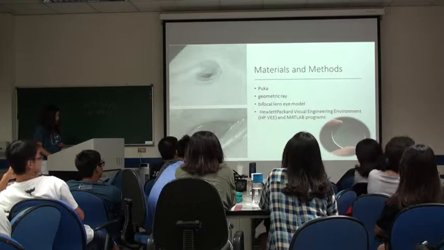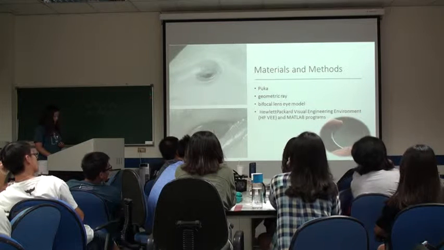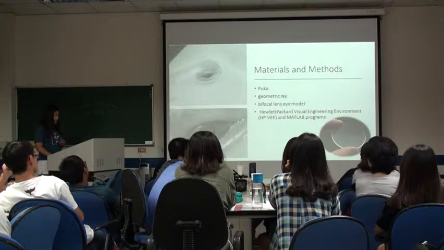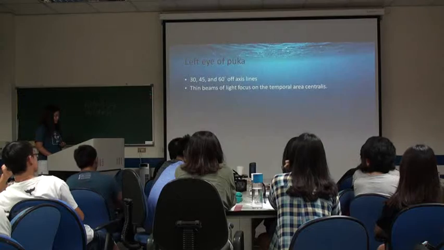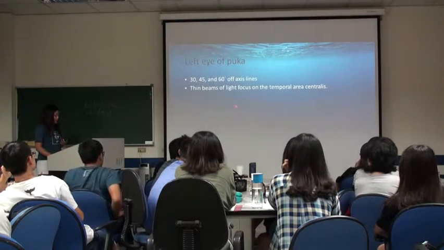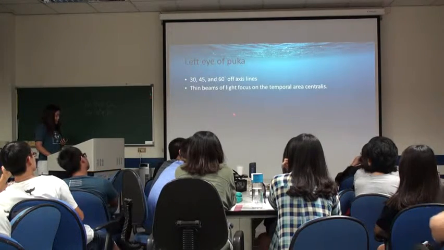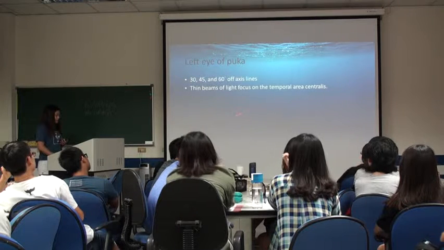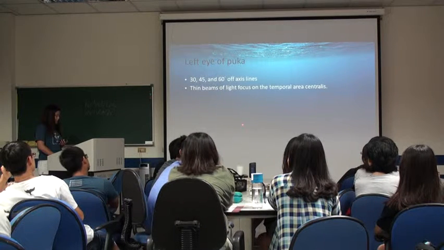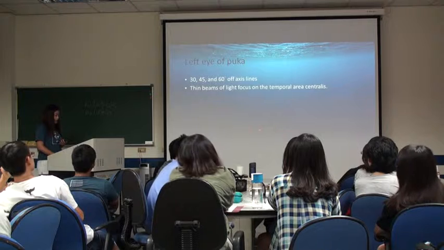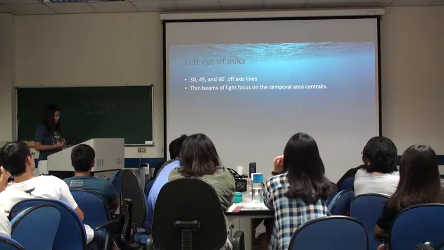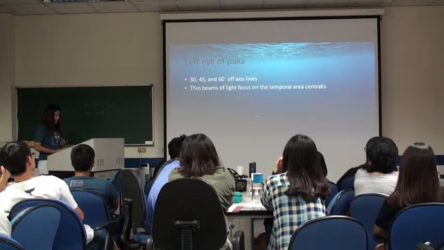And here is the bifocal lens eye model. We will use this model to test. And we find that in the left eye of Puka, there are 30 degrees, 45 degrees, and 60 degrees at which the eye can absorb light.